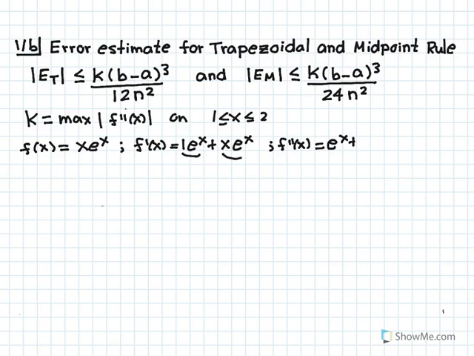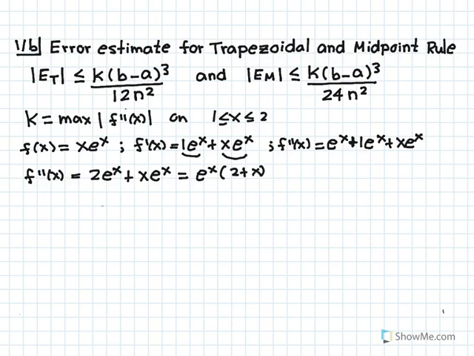Now apply the product rule to the second term: derivative of x is 1 times e to the x plus keep x the same times derivative of the second, which is e to the x. If we simplify this, we get f double prime of x equal to 2e to the x plus x e to the x. Let's factor out e to the x. We get e to the x times 2 plus x.